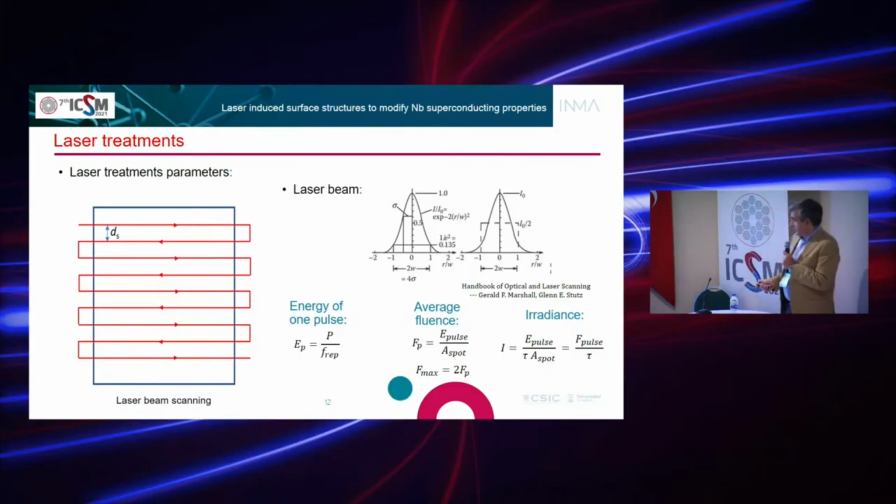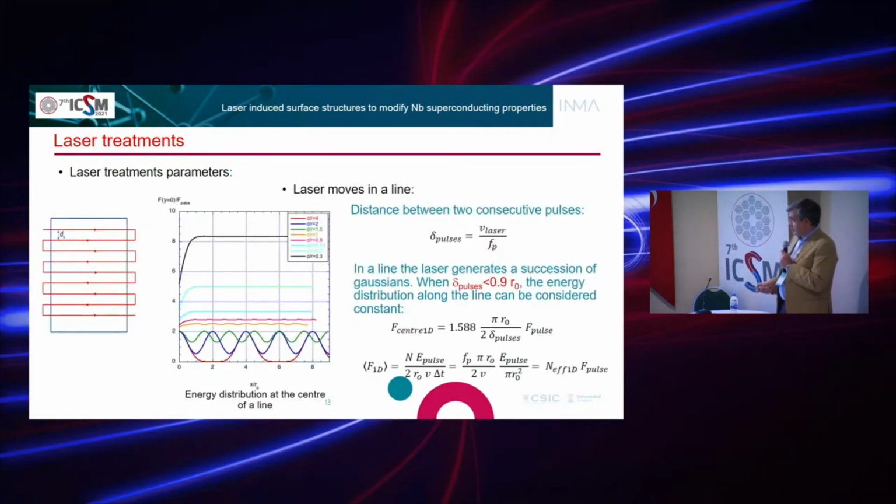So you must first control the energy of one pulse. This gives you the average fluence, the energy density, and also the irradiance of the pulse width. But in the following, you follow one line, and you control the speed at which you move the laser along this line.